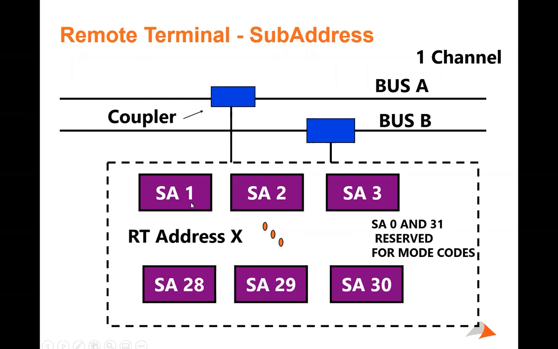These subaddresses would be 32 words of storage area, and you would have 30 subaddresses in an LRU. Actually, you would have 60, because you would have 30 on the transmit side of the buffers and 30 on the receive side for a terminal.